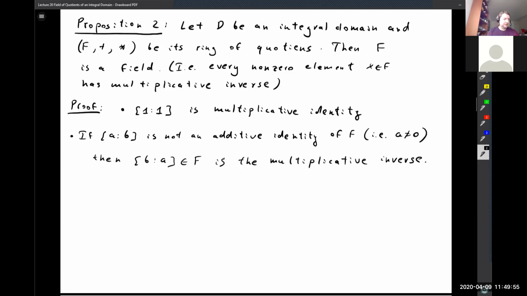And again, this is basically immediate from the way we defined multiplication of fractions.